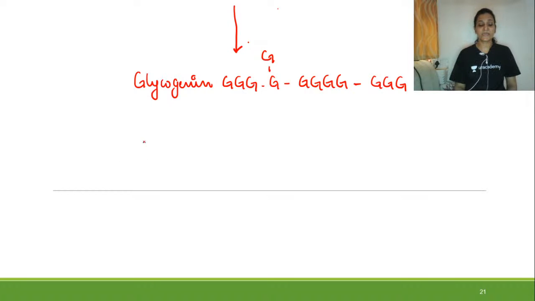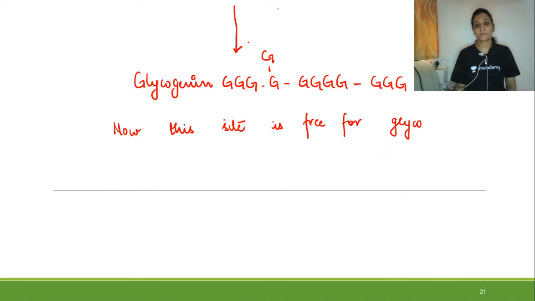Now this site is free for glucosidase activity, which will act on it. So what will it do? It will remove the glucose from the branching point.